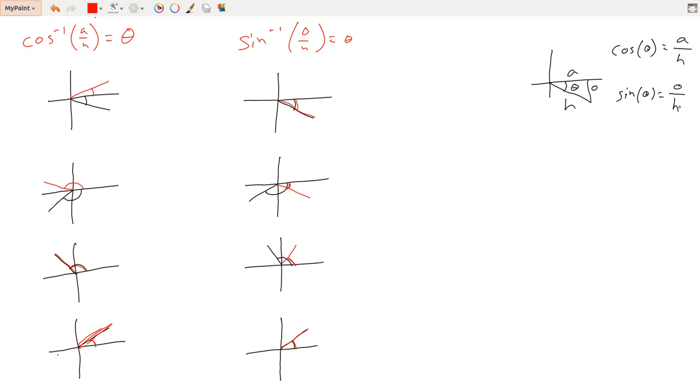So if opposite over hypotenuse is a positive value, we know the angle is either this here or this here. The calculator is always going to return something in the first quadrant, but we don't really know if it's in the first or the second quadrant. So in order to determine what the angle actually is, we need to have both A over H and O over H, so that we can narrow down the possibilities.